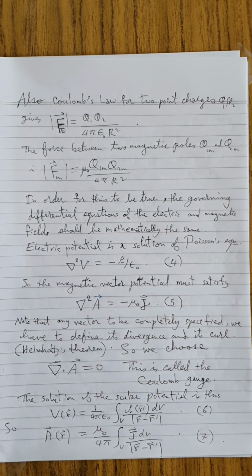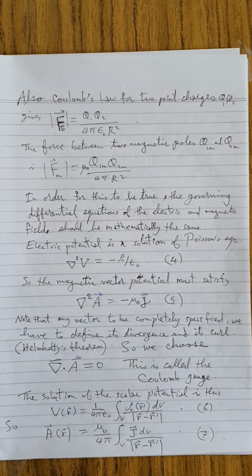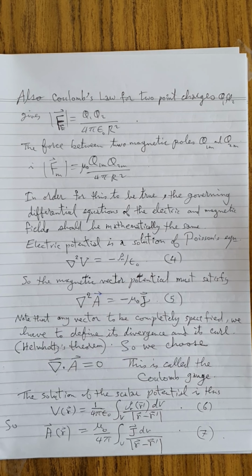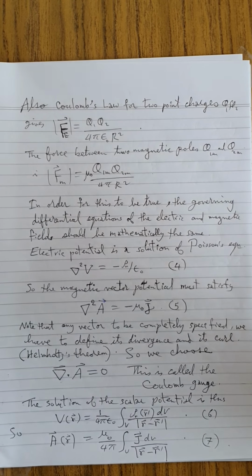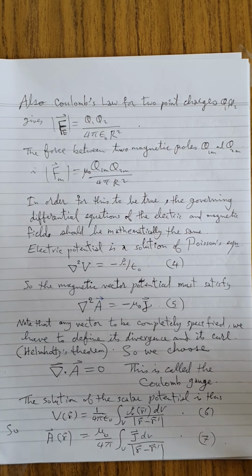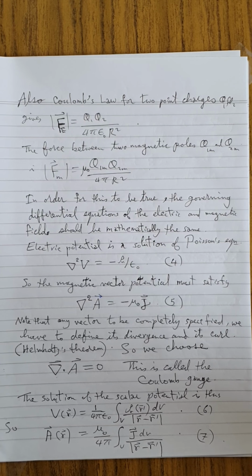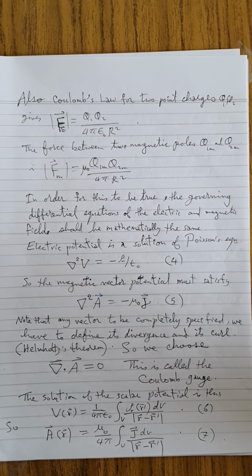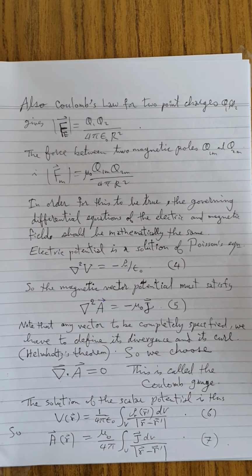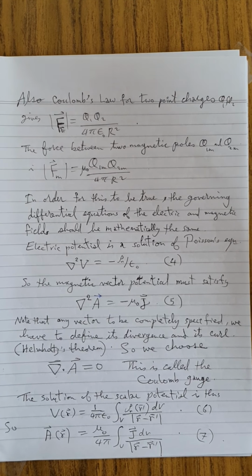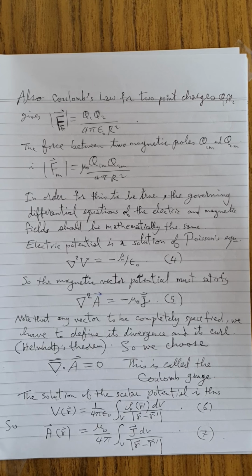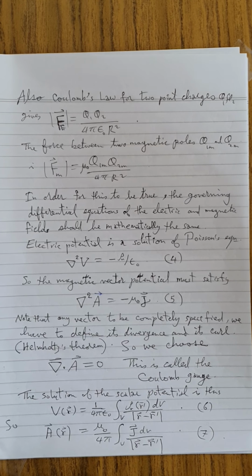So if we do that, we immediately get Poisson's equation for the magnetic vector potential. Okay, and this choice is called the Coulomb gauge, because the fields are similar to the fields in electricity for using Coulomb's law.